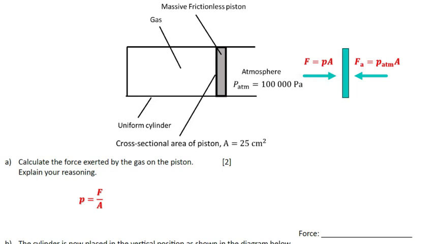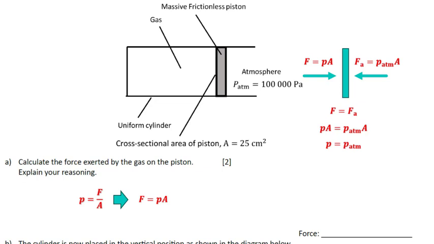Le piston est à l'équilibre, donc les forces sont égales. Alors, nous avons PA is equal to PATM times A. Alors, nous concluons que P must be equal to PATM, which means the pressure of the gas is equal to the atmospheric pressure.